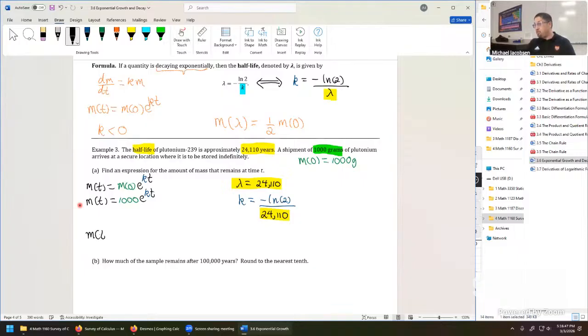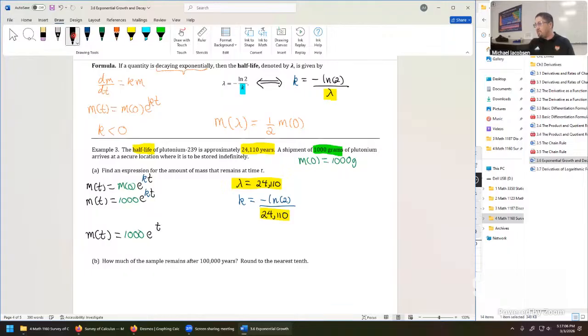So the mass of plutonium at time t, where t is number of hours after it arrived at the secure location, is 1,000 grams, the starting amount, e to the power of, I'll put time first, and let me organize that a little bit better.